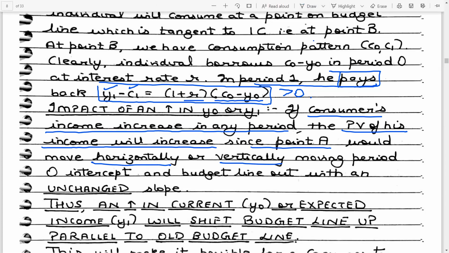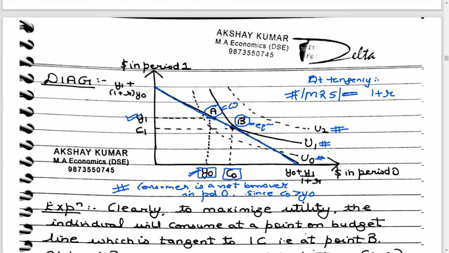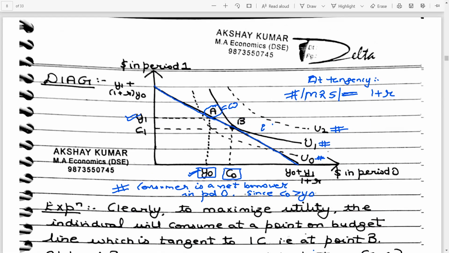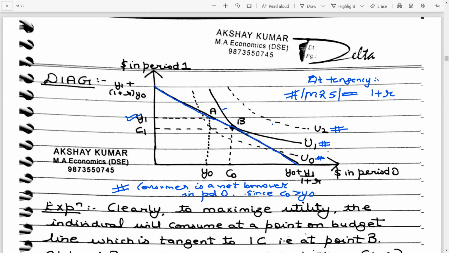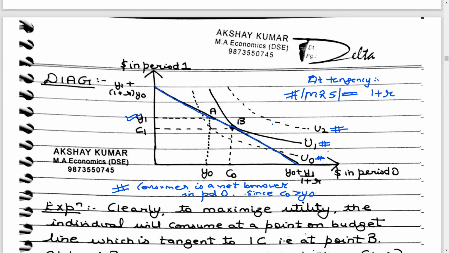Now guys, we can come back to the diagram. Suppose, for clarity, let me erase everything so that students are clear. Let's come back to the diagram. Currently the endowment is at point A. When Y0 goes up, the budget line shifts horizontally to the right.